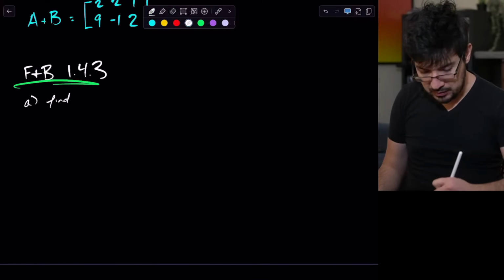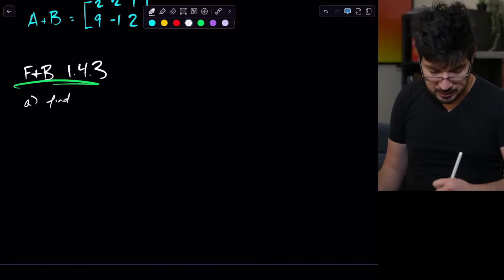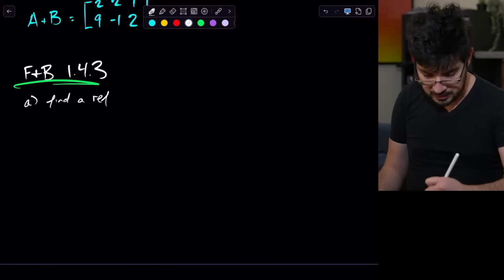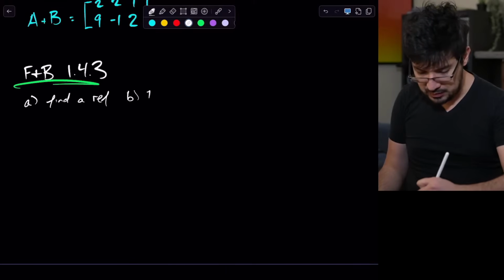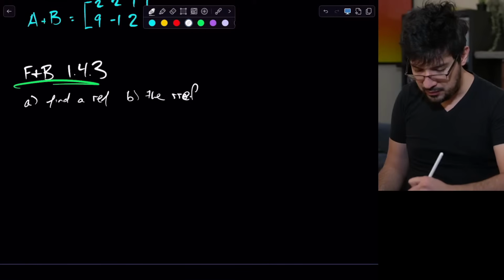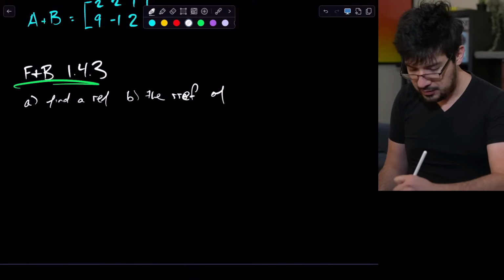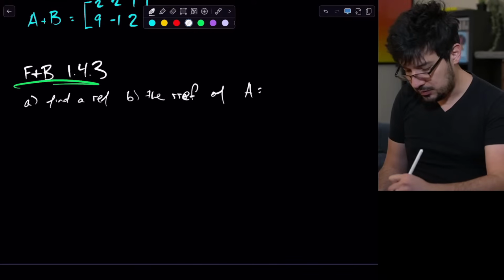Find a row echelon form and the reduced row echelon form of A equals.